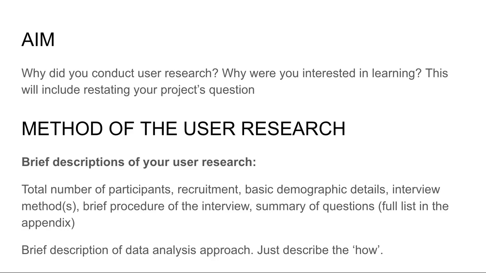The next section is not that long, and it's very easy to do because it's basically just telling us what you did. This is the section called Method of User Research. It's a brief description of your user research.